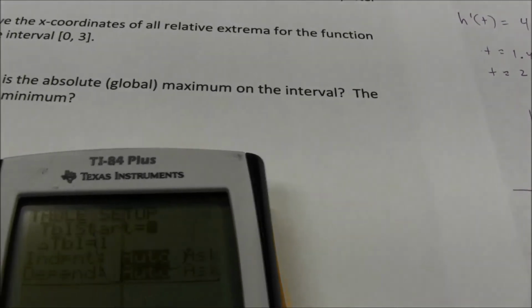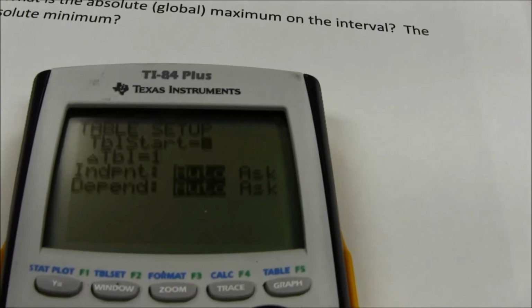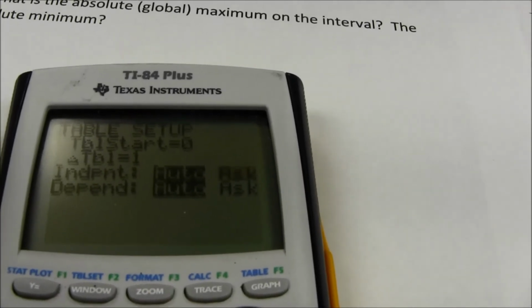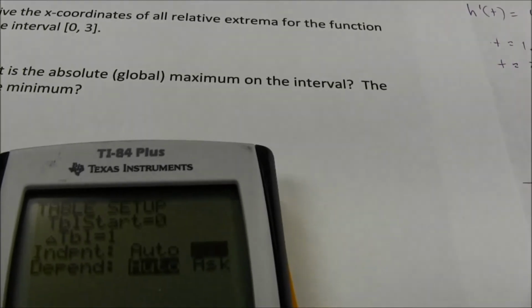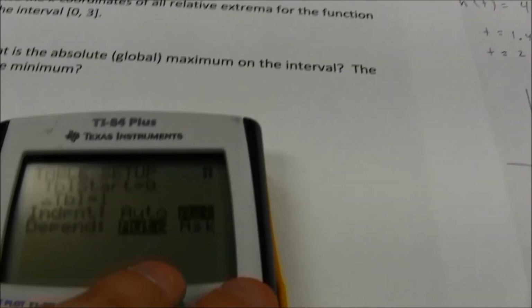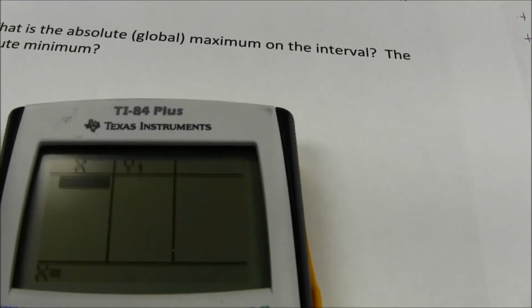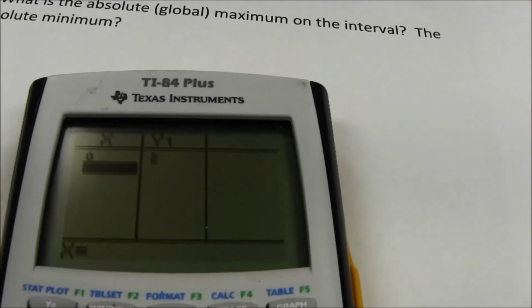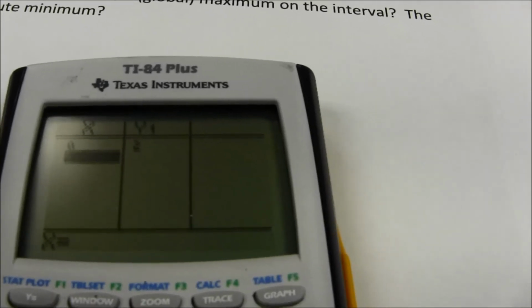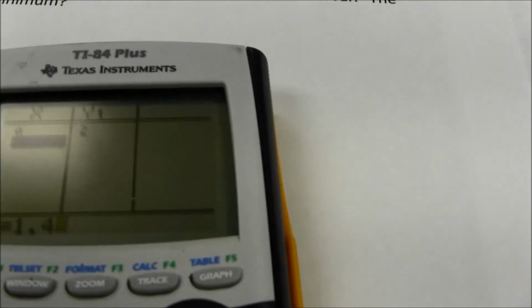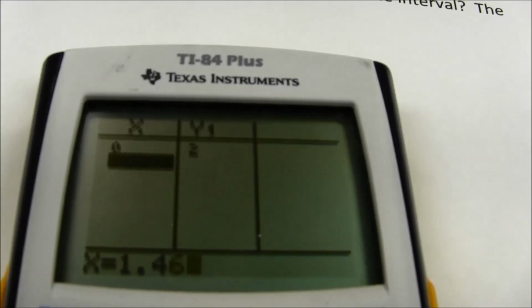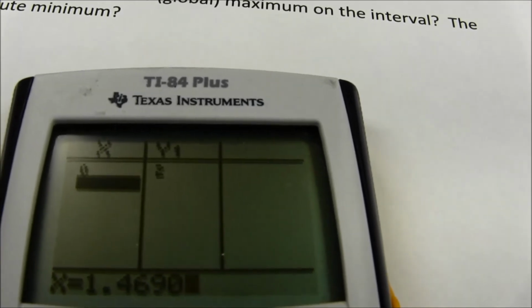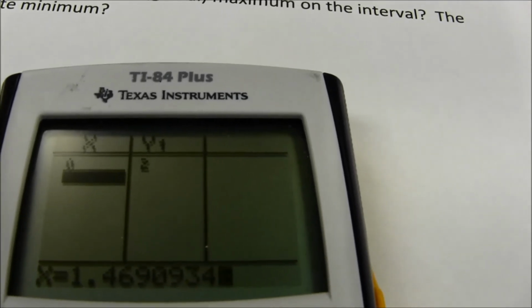I'm going to go to my table, and I'm going to put my table in ask mode for the independent variable, and that'll let me type in whatever x values I want on the table since we've got those decimals. So I'm going to go over to my table now. We want to see what the functional value is at 0. Functional value is 2 at 0. We want to know what it is at about 1.4690934.